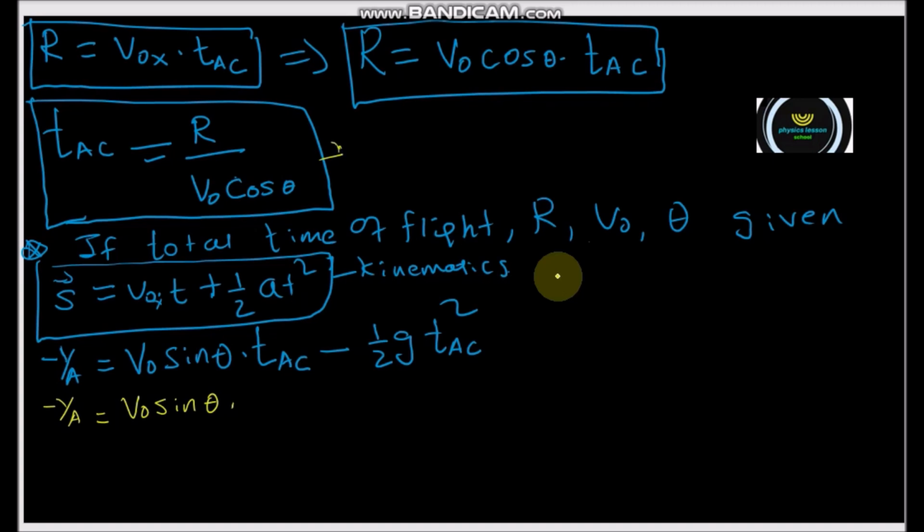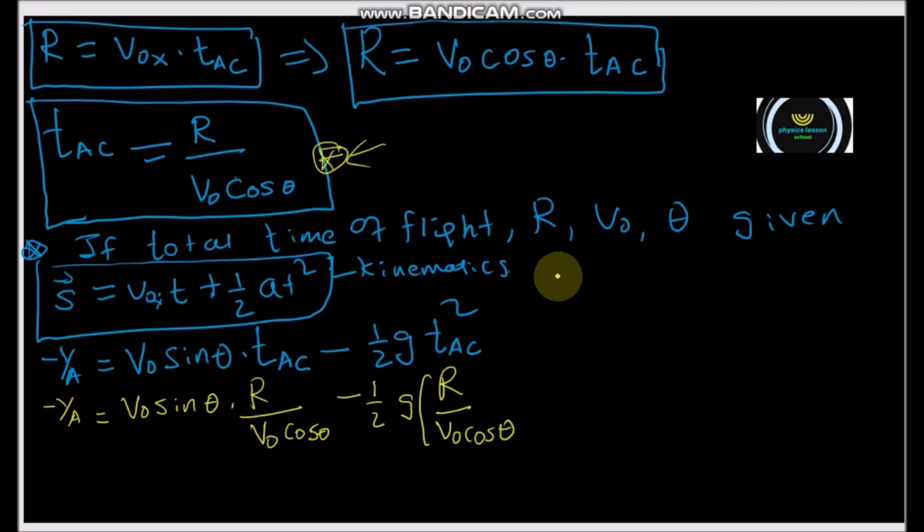Here we have TAC, range over V naught cos theta, minus 1 over 2 G times the total time of flight squared, range over V naught cos theta. Right.